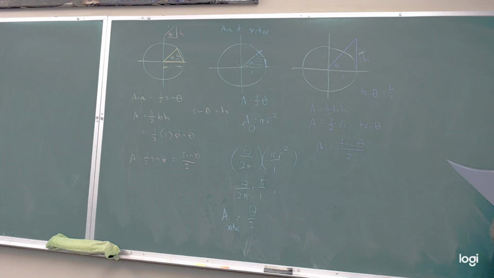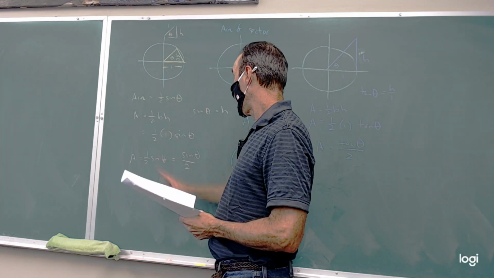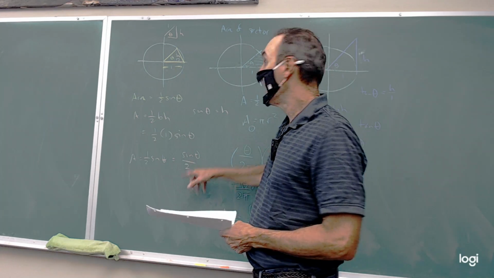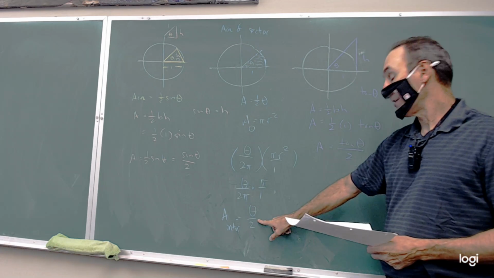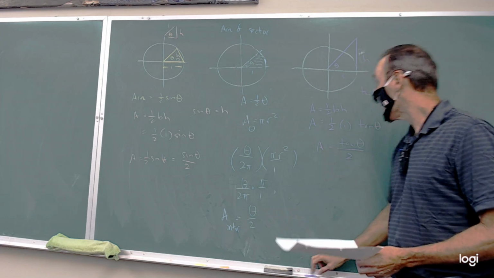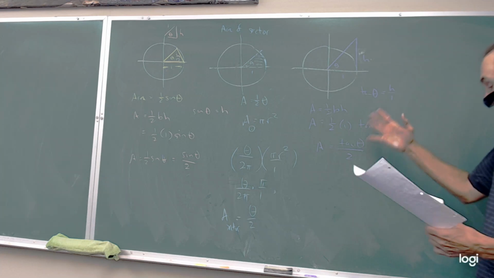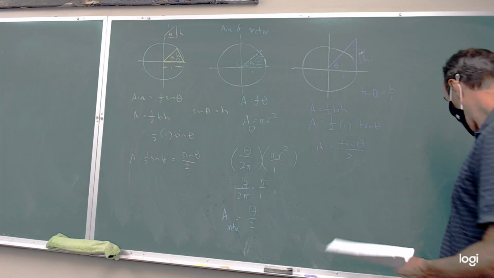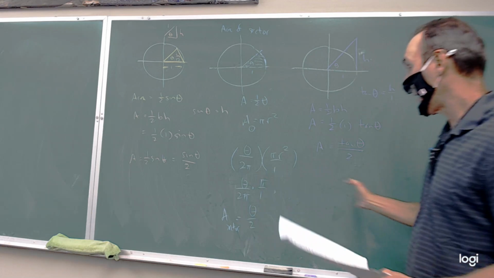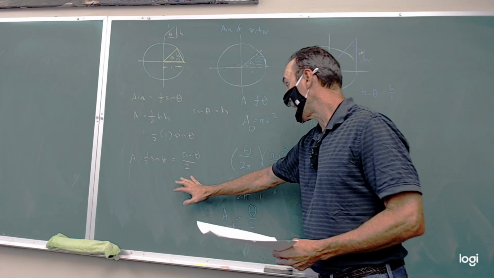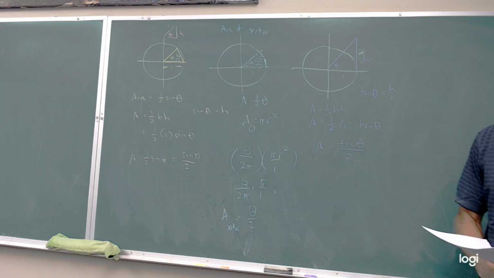Okay, so far. So what we've got now is the yellow triangle has an area of sine theta over 2. The sector, that blue slice of pizza looking thing, has an area of theta over 2. And the purple triangle has an area of tangent theta over 2. You can see from the picture that the orange has to be less than or equal to the blue, which has to be less than or equal to the purple.